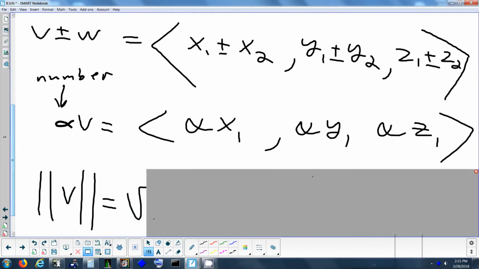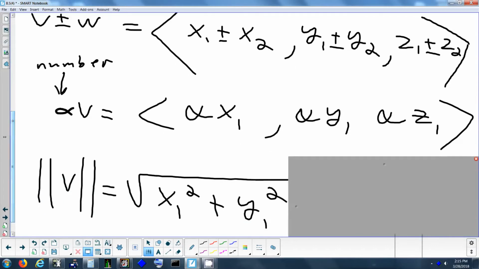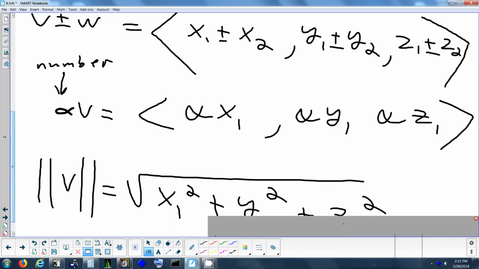Okay, and magnitude. There's your formula to find the magnitude of a vector in 2D. What do you think I'm going to put on the end of that to turn this into 3D? Tell me. Plus z1 squared. Yep.